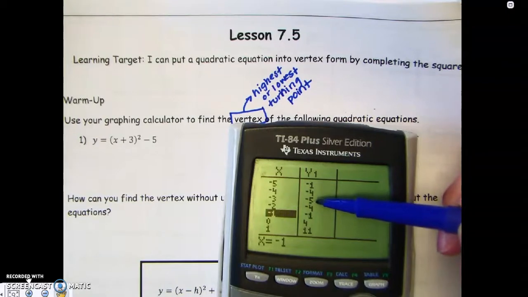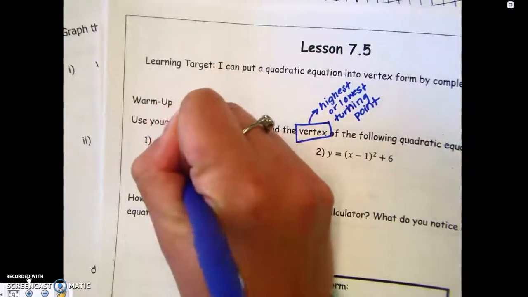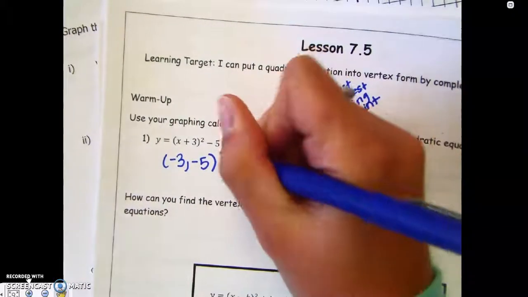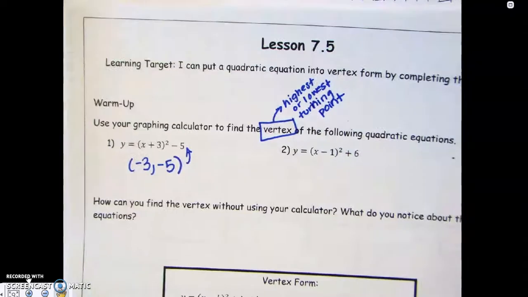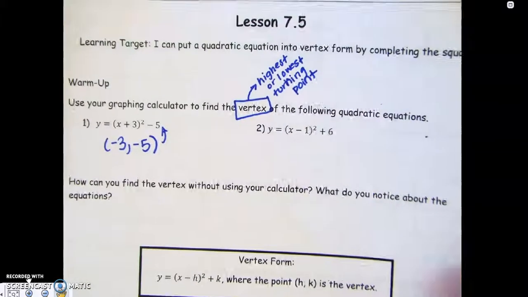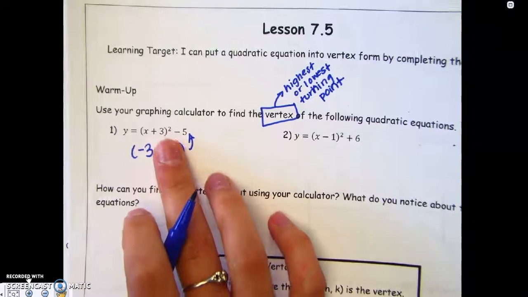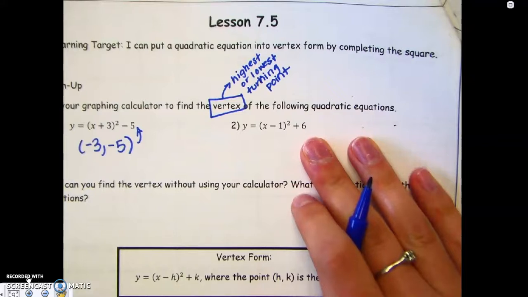So the vertex for this parabola is -3, -5. And if you look, that looks very similar to my numbers up here. Okay, that's not a coincidence. That's why we call this a quadratic in vertex form, and that's because it tells us what our vertex is. So again, we'll do the same thing to see if we can see a pattern.